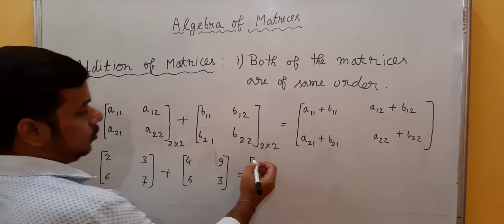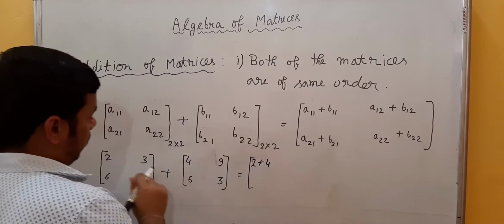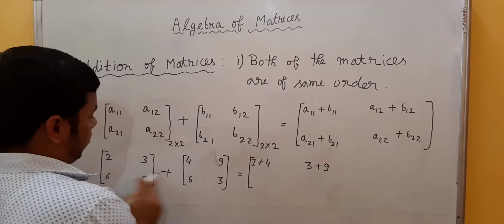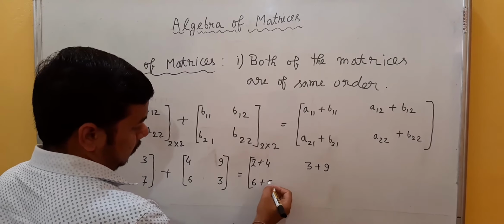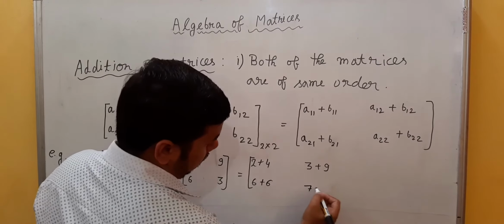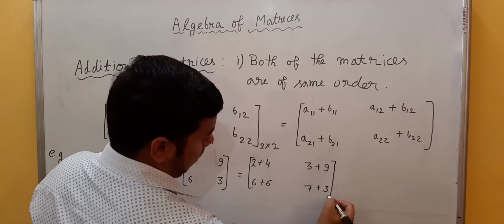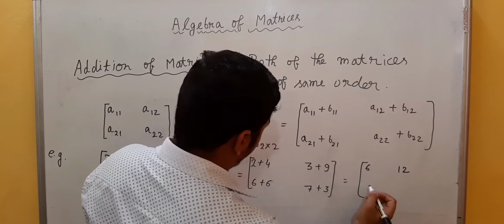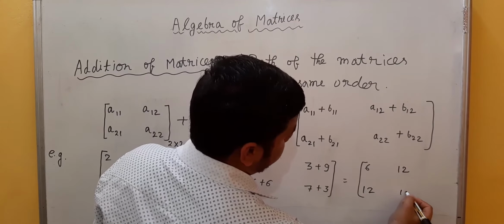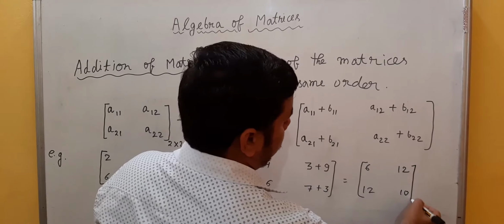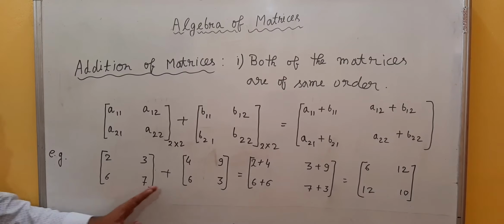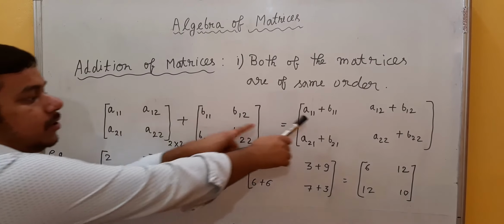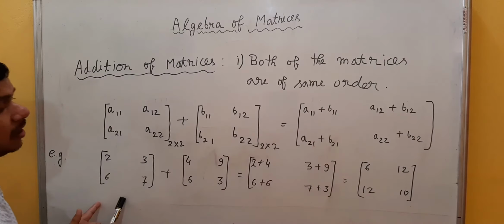First of all, 2 plus 4, 3 plus 9, 6 plus 6, 7 plus 3. 2 plus 4 is equal to 6, 3 plus 9 is equal to 12, 6 plus 6 is equal to 12, 7 plus 3 is equal to 10. Right? This is how we add two matrices of the same order. Add the corresponding elements to find the result.